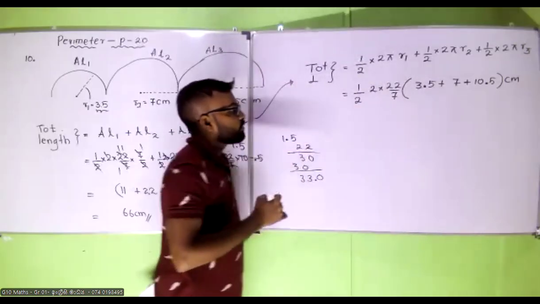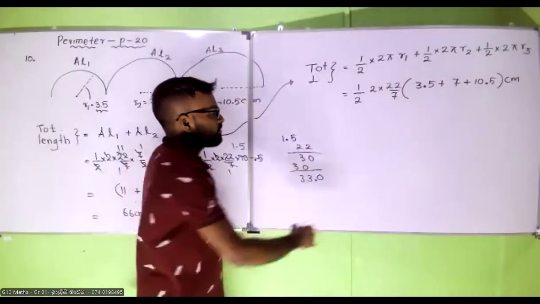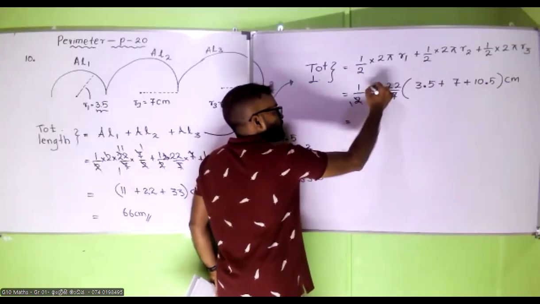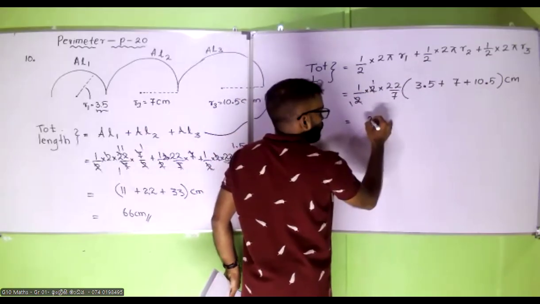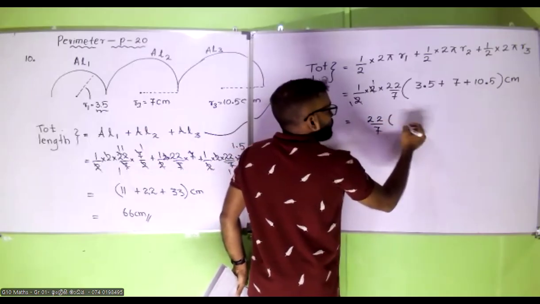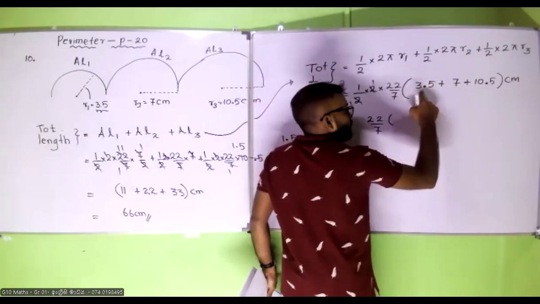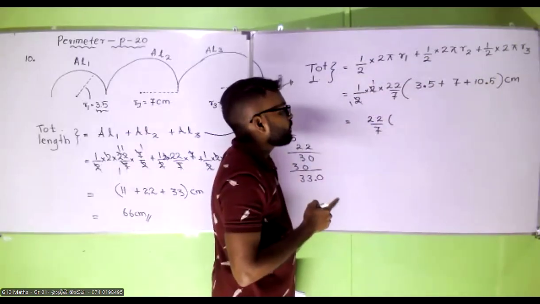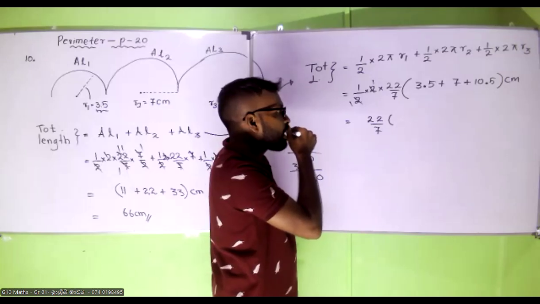At the end, I have put the unit. Now you can simplify it. 2 times 1, 2 times 1. Here you have 22 upon 7. 3.5 and 10.5 means 14, and 14 plus 7 means 21.